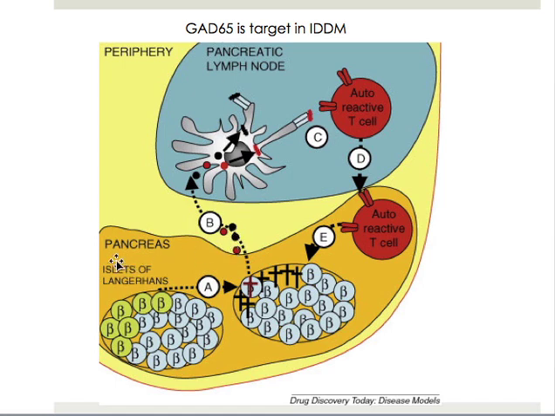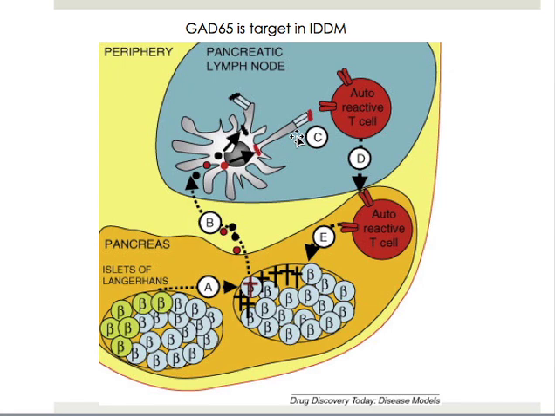Now, we're in the pancreas. This is pancreatic tissue. GAD65 is going to make it eventually in a lymph node that drains the pancreas itself. And eventually, there's going to be an antigen presenting cell that will engulf this autoantigen and present it on the cell surface of the same cell.